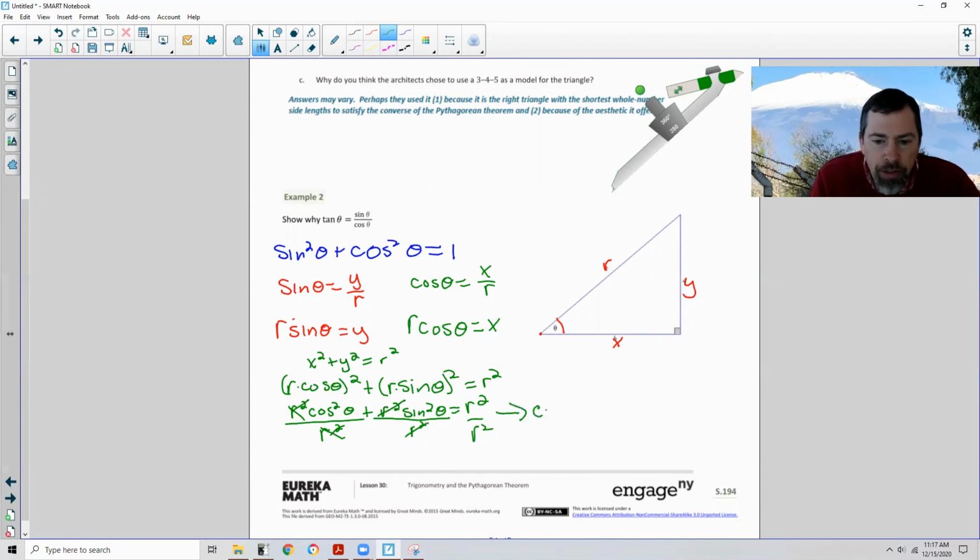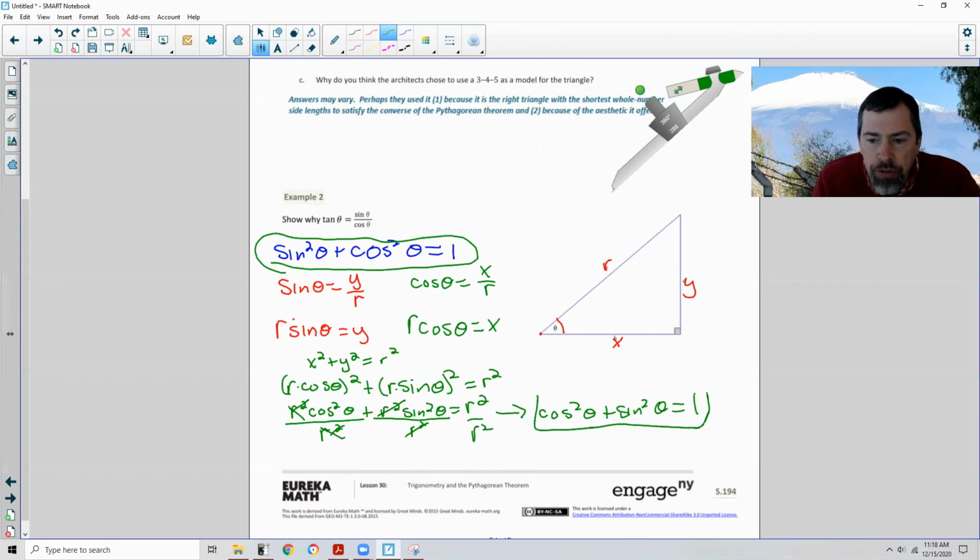Therefore, we get cosine squared theta plus sine squared theta equals 1. And the order in addition does not matter. So that's the same as sine squared theta plus cosine squared theta equals 1. And that is your first trig identity.